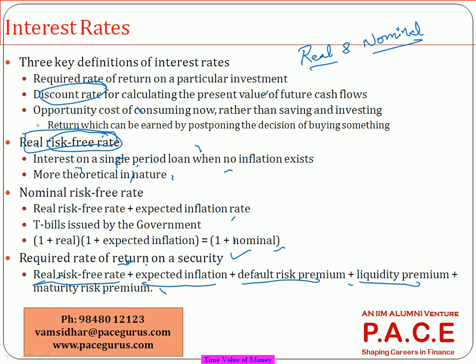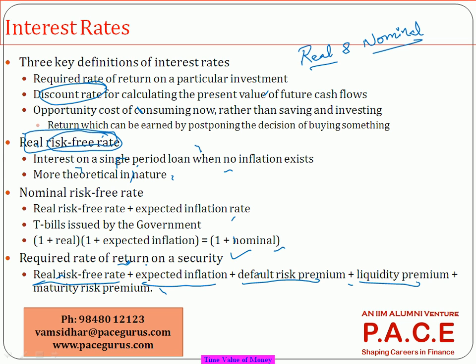What motivates you to go for a 2 year FD compared to a 1 year FD? In general, the 2 year FD should give you a slightly higher interest rate. What is the logic behind that?